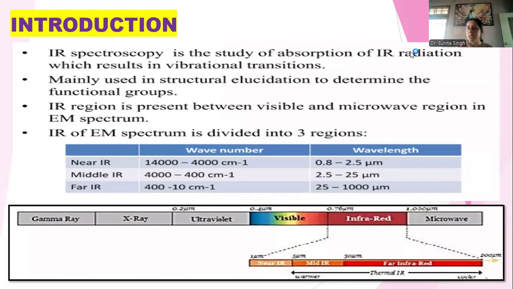This topic is also important for your NET preparation if you are going to pursue research after PG. So these topics are very important, and you get a question in which this whole data comes to compare to elucidate any compound. Like you have IR data, also UV, mass spectrum, and you have to apply all the concepts to get the answer.